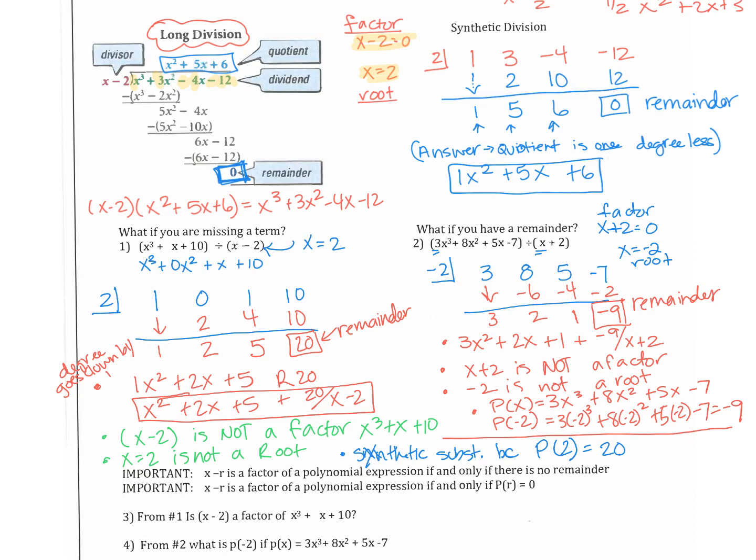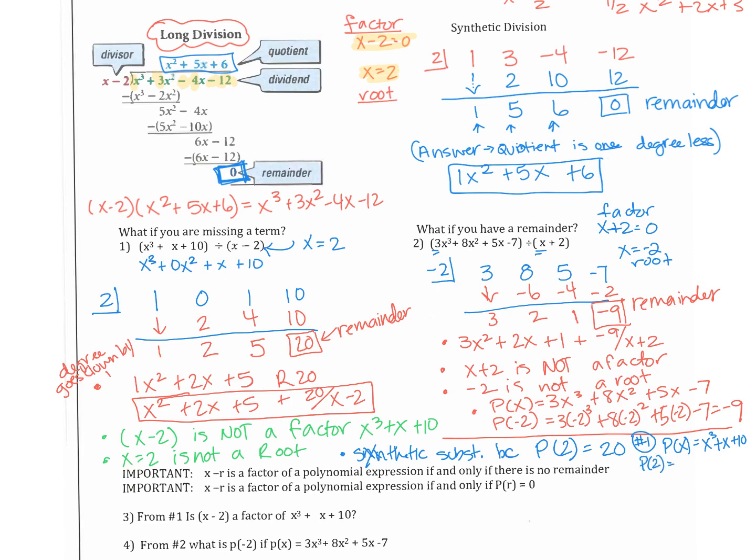So let me go back to the problem that I had before where I was running out of room. So I'm writing in blue. This is for number 1. And I ran out of room. So remember, this is going back to number 1 on the left side. So I know that if p of x is equal to x cubed plus x plus 10, and I realize I'm running out of tons of room here, that if I substitute in, in this case, my synthetic division was done with a positive 2.